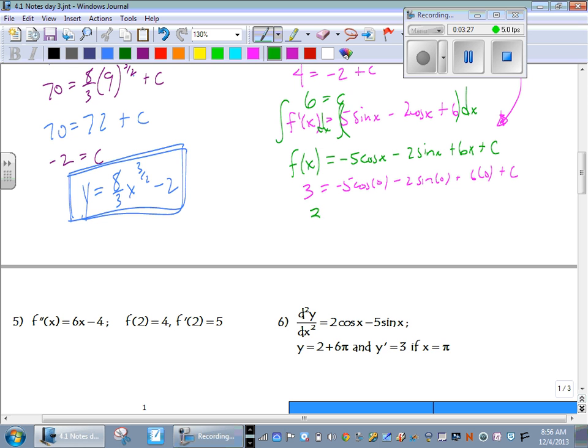So here, cosine of 0 is 1. We end up with negative 5. This is going to be 0. This is going to be 0. So we have negative 5 plus c. So c is 8. Which means f of x is going to be negative 5 cosine of x minus 2 sine of x plus 6x plus 8.